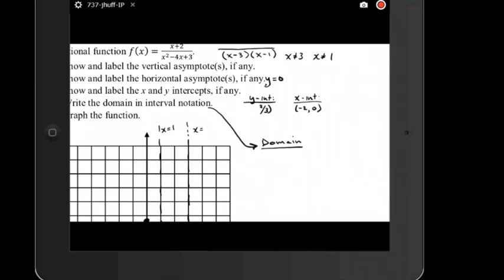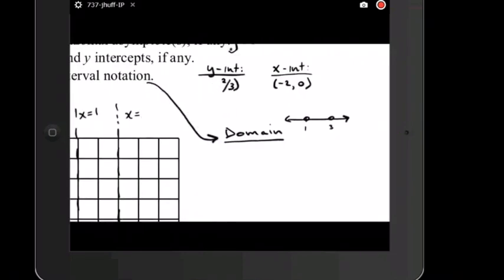If we think number line, the real number line, we take off x equals 1 and x equals 3, putting an open circle there. Everything else is in the domain. That leaves us with 3 intervals: from -infinity to 1, then 1 to 3, and then 3 to infinity. That would be our domain.